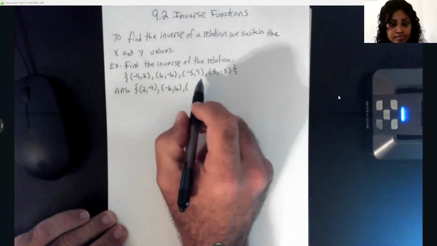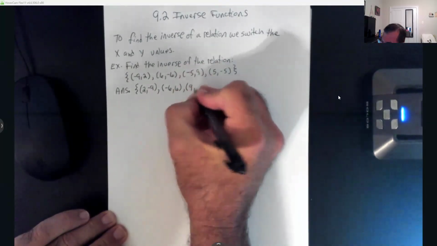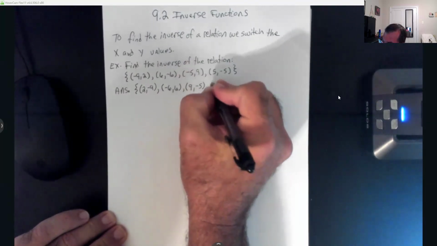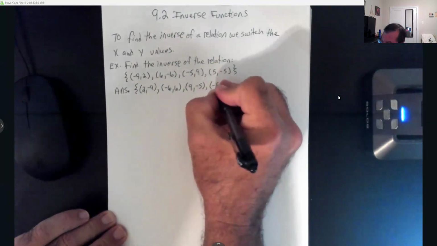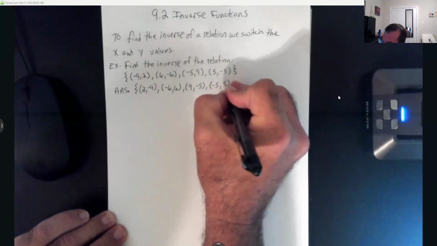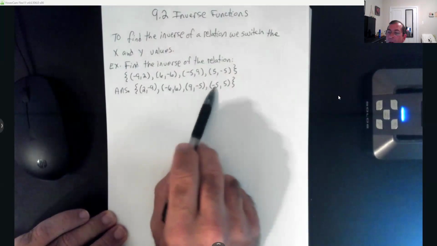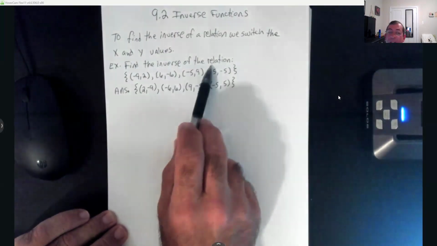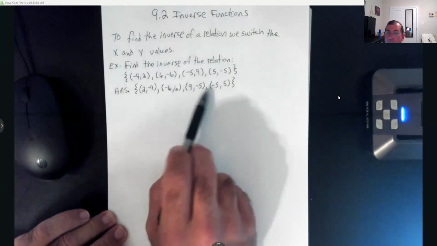My third point would be what? (9, -5). And then finally, switching that, I get (-5, 5). And y'all, that's all you do to find the inverse for a relation. If you're given a set of ordered pairs, you're just switching them around.